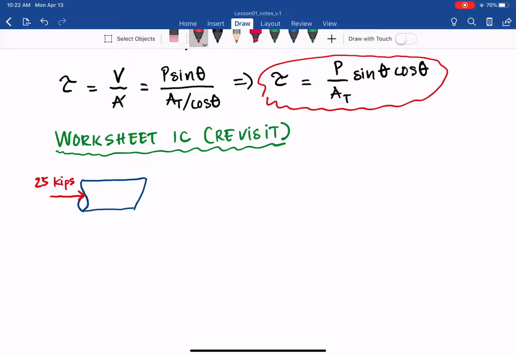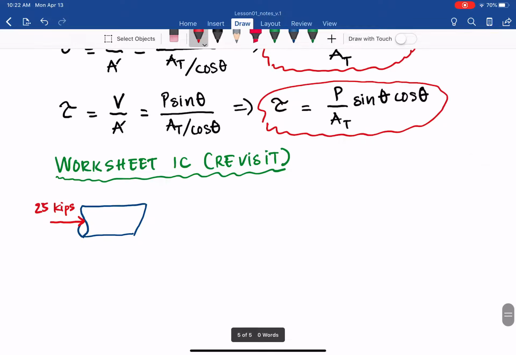And if we cut at an angle theta equal to 30 degrees from the transverse cut, we want to find out the sigma and tau on this plane cut.